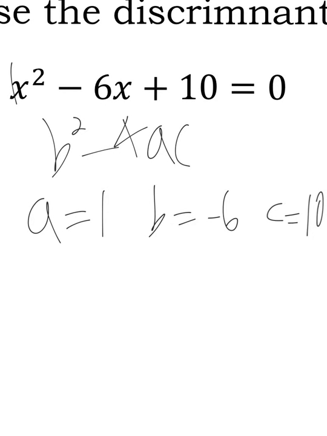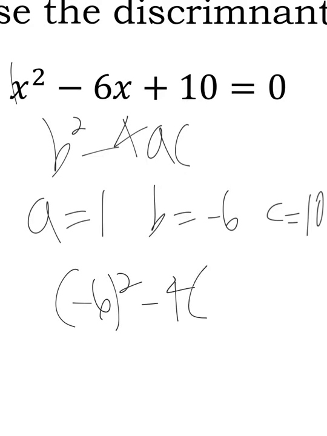So when I plug it into b squared minus 4ac, I'm going to write negative 6 squared. Make sure you use parentheses, because if you don't, you will get the wrong answer. Minus 4 times a is 1 times c is 10. Negative 6 squared is 36. 36 minus 4 times 1 times 10 is minus 40, so you're going to get negative 4.